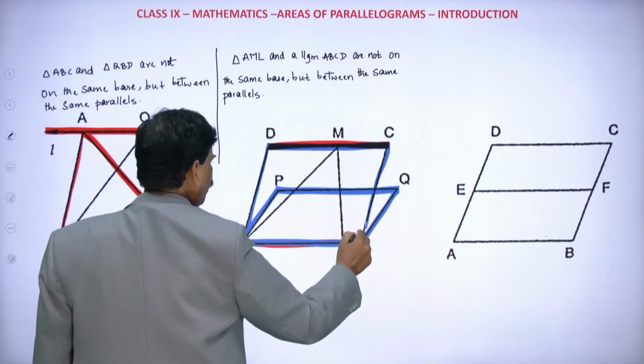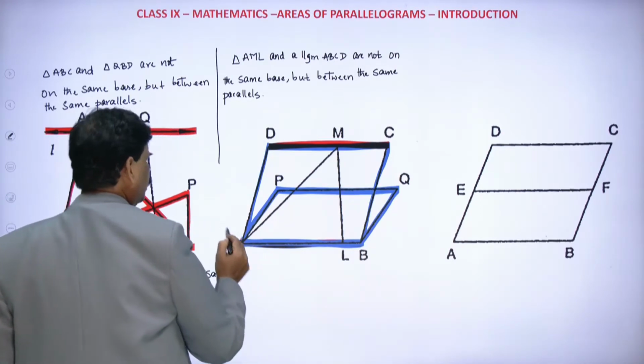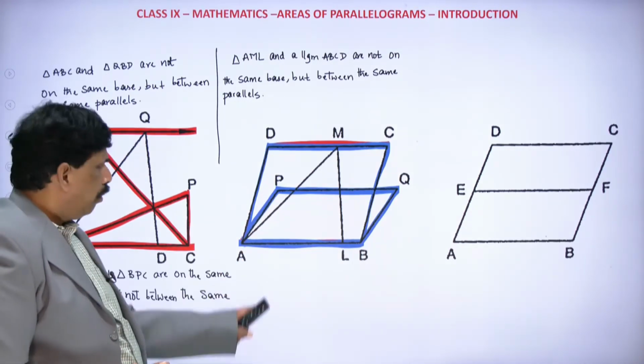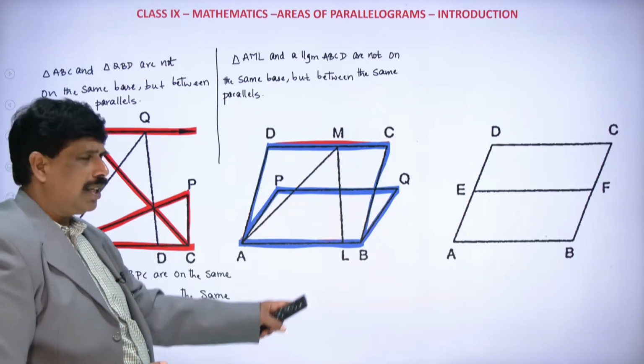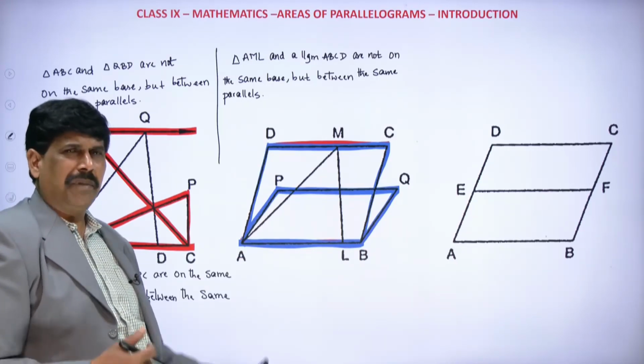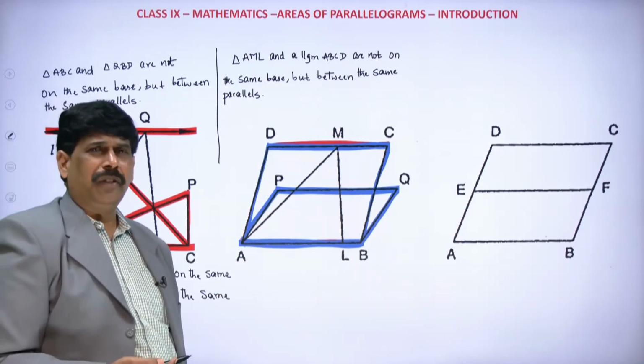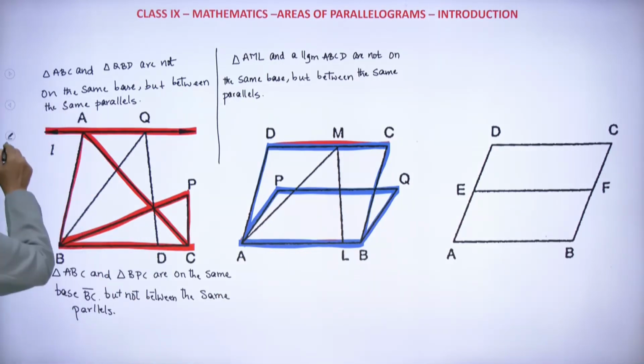What can you say about these two? What is your comment? Both of them are on the same base AB. But are they between the parallels? They are not between the parallels. So what will we write here?